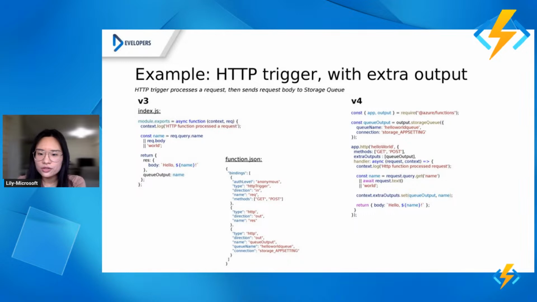So again, there's no need for the function.json. And if you need more outputs, you can obviously add more because extraOutputs is expecting a list. With this way of writing the code, it's much more flexible. And also, if you have another trigger that might need this output, you could just reuse this queue output. I will demo this later in the demo.